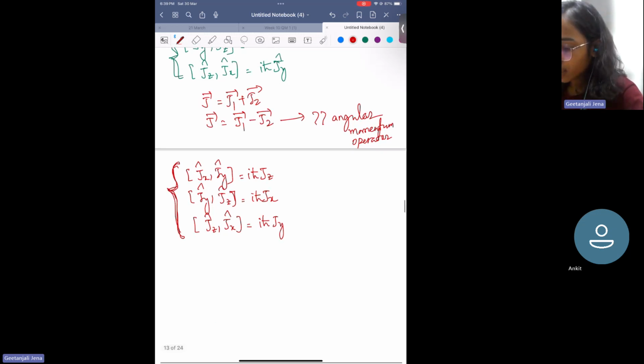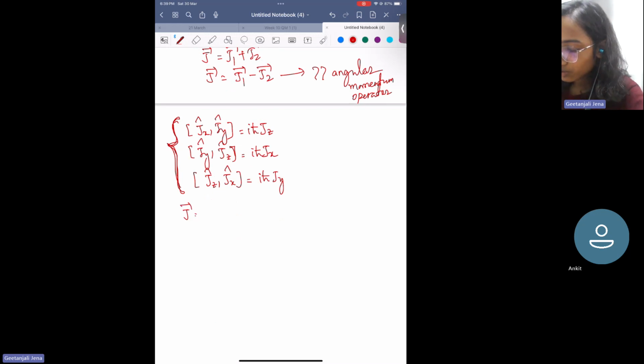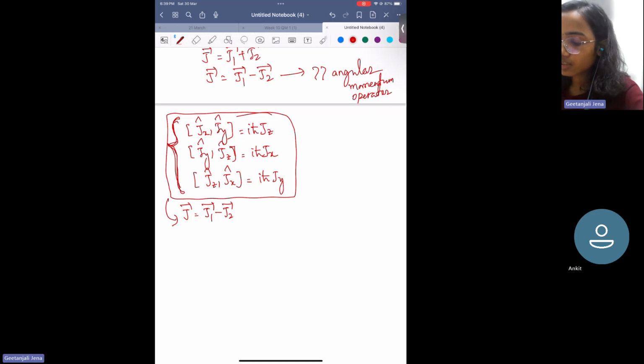These are the properties held by the angular momentum operator. Now let us see if these properties also hold if we take J equal to J1 minus J2.